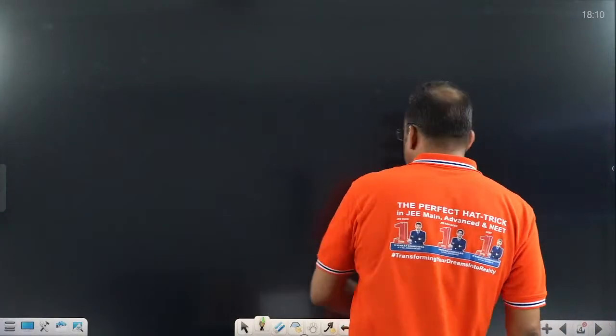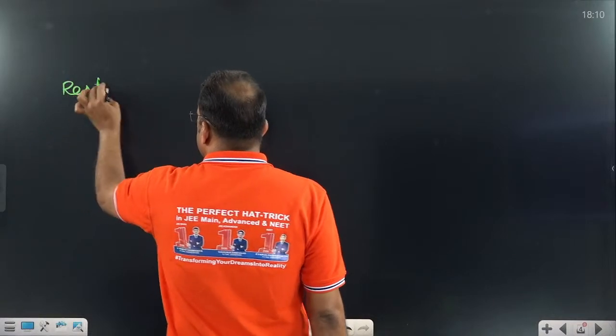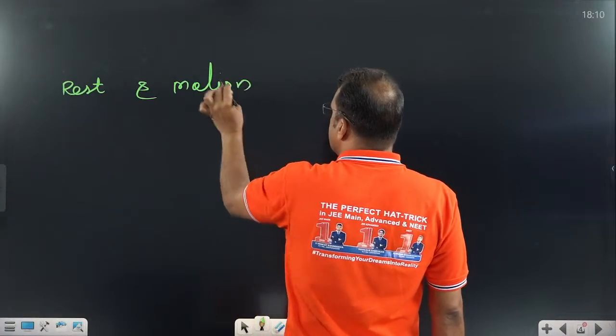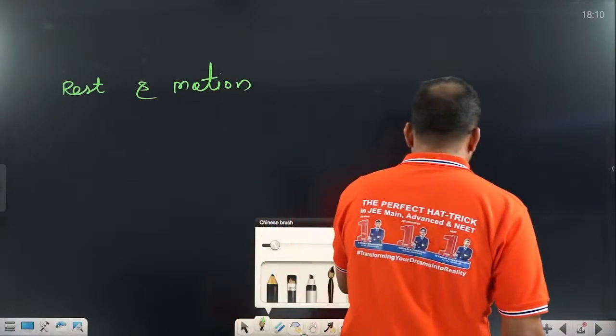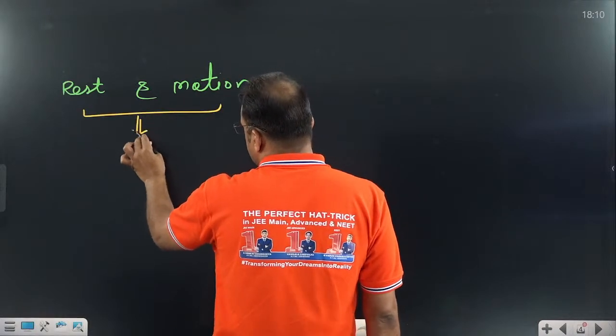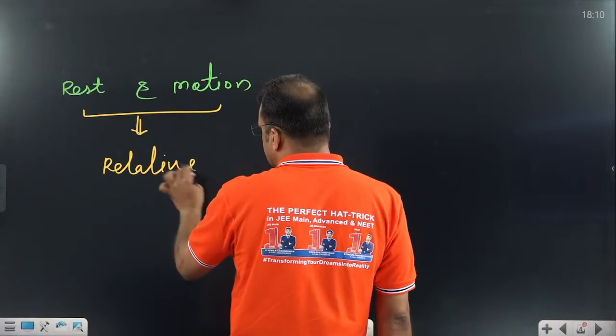First statement you should remember. Our topic is rest and motion. If someone asks you what you mean by rest and motion, you should say rest and motion both are relative terms. Very important. What do you mean by relative term, sir?